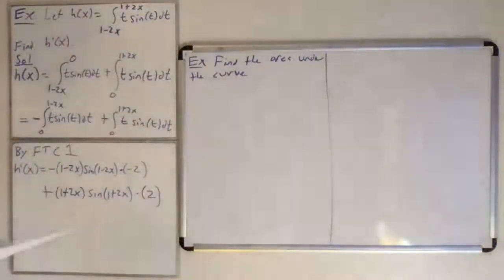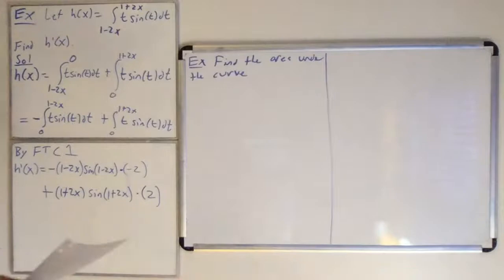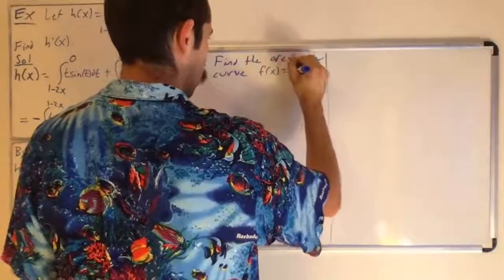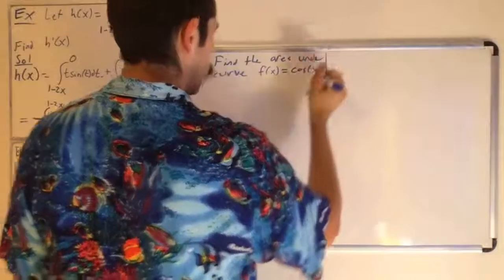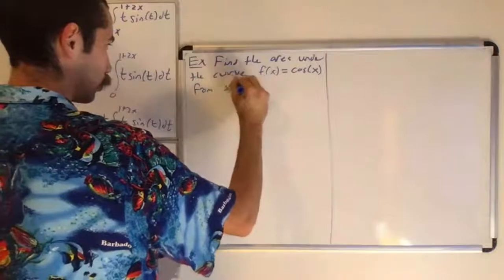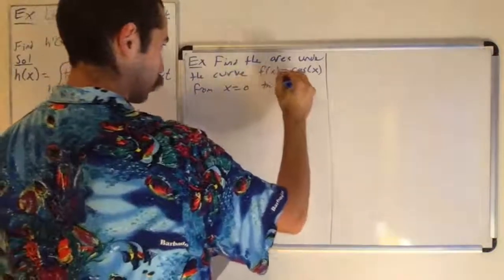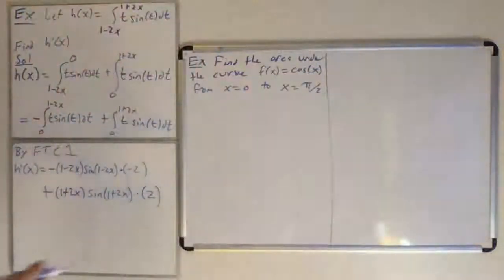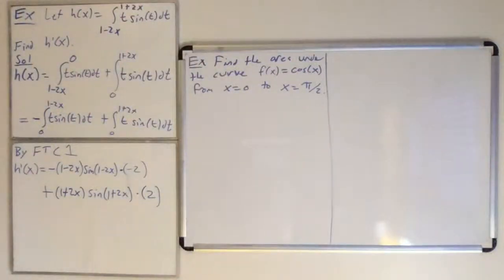So find the area under the curve f of x equals cosine of x, from 0 to pi over 2.